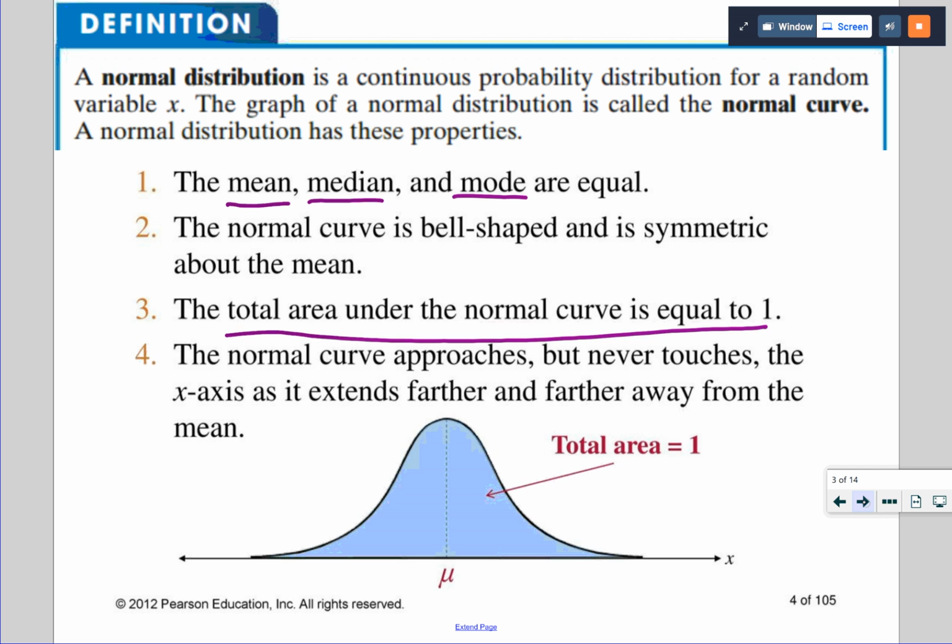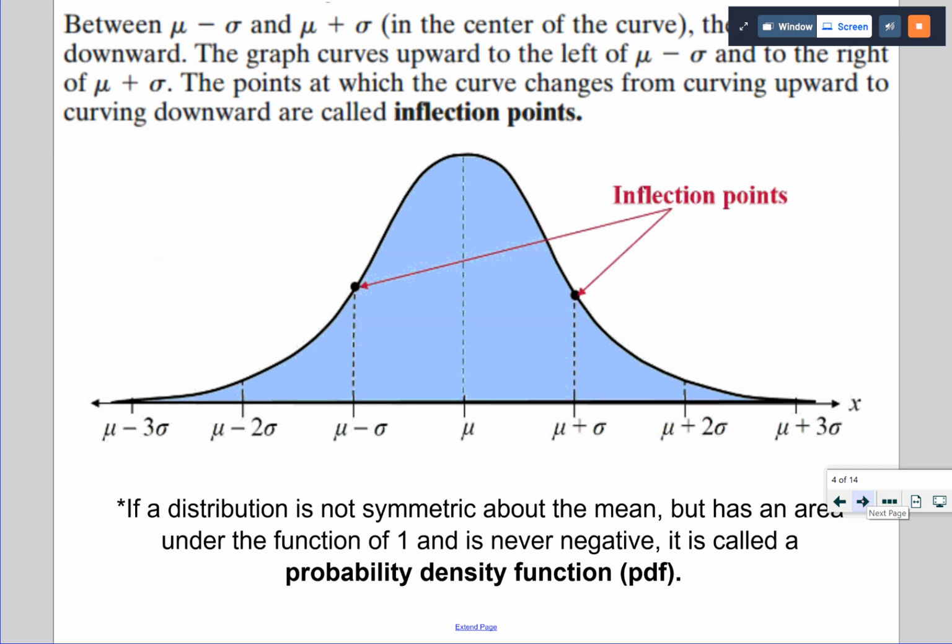The next slide on your paper has to do with inflection points. Let's say we've got this normal distribution and we put in our mean and now our standard deviation. We've seen this picture before. You remember the empirical rule, with 68% within 1 standard deviation and 95% within 2 standard deviations.